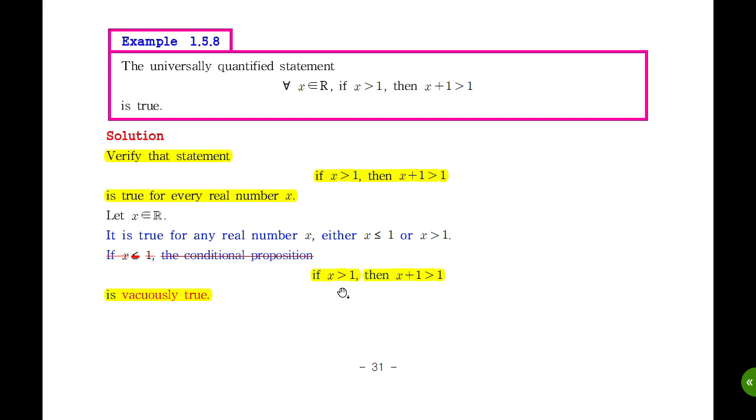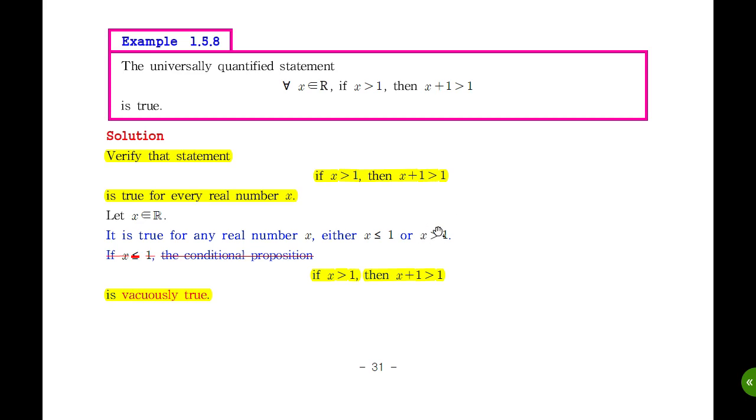So the assumption is false, and whatever conclusion we have, the whole statement is still true. We call it vacuously true. There is no such x that satisfies the hypothesis, so this statement is always true, from the tautology.